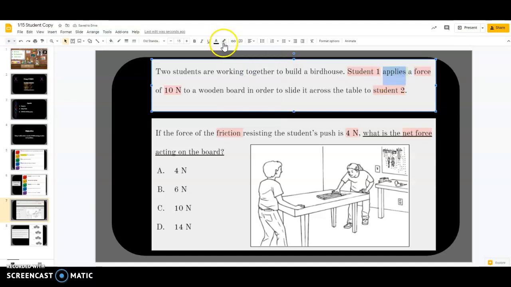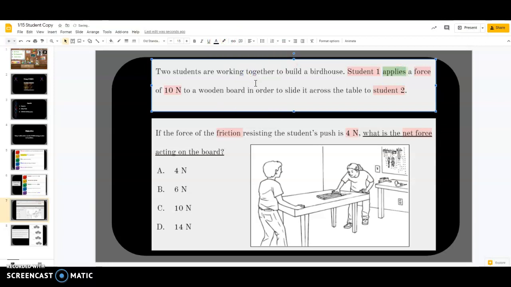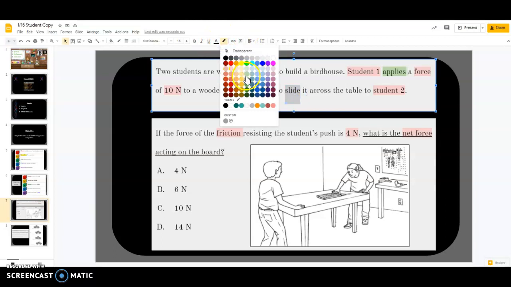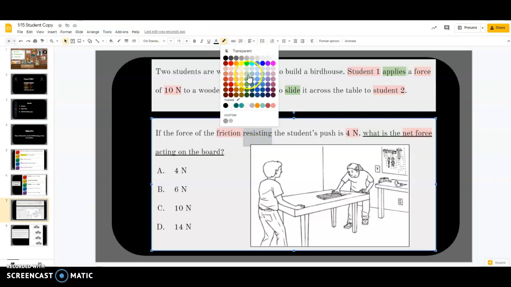So I want you to use light green too, all right? Student 1 applies a force to a wooden board in order to slide. All right, that's talking about movement, so that's an action. It across the table to student 2. If the force of friction resisting, okay, that word resisting is a verb.